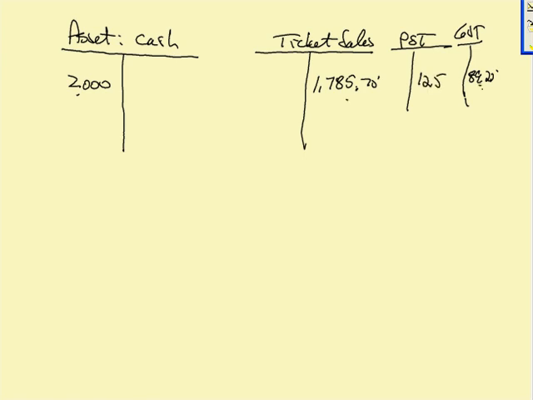So our three credit transactions, the source of our money, came from these three areas. If we owe the government the PST, then clearly that's a debt. So the PST is a liability, and we could call it PST payable. And we also owe the federal government the GST, so that's also a liability account. But the ticket sales, we don't owe anybody that money. That was, again, a result of your entrepreneurship and your hard work.